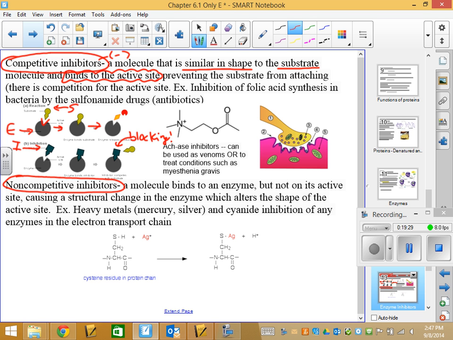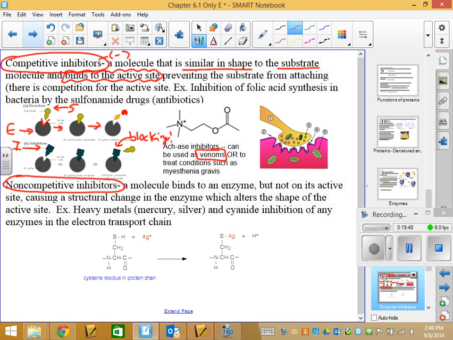Another example of something that's a competitive inhibitor would be something like venom. Now the actual mechanism here I would not expect you to know. If you take Bio 20, you'll learn about this molecule called acetylcholine, ACh.